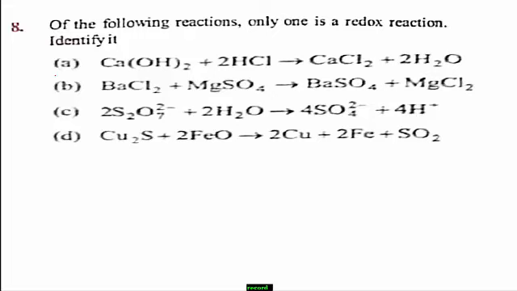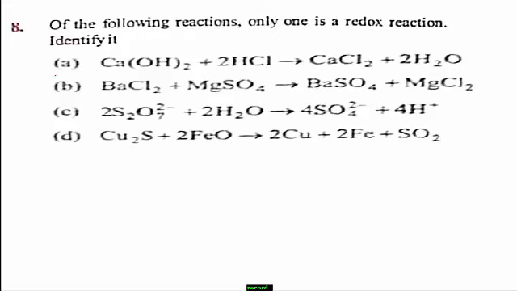In option D, observe here. Cu2S is given. Here sulfur is -2 and Cu is in the +1 oxidation state. And in FeO, oxygen is -2, so Fe is +2.